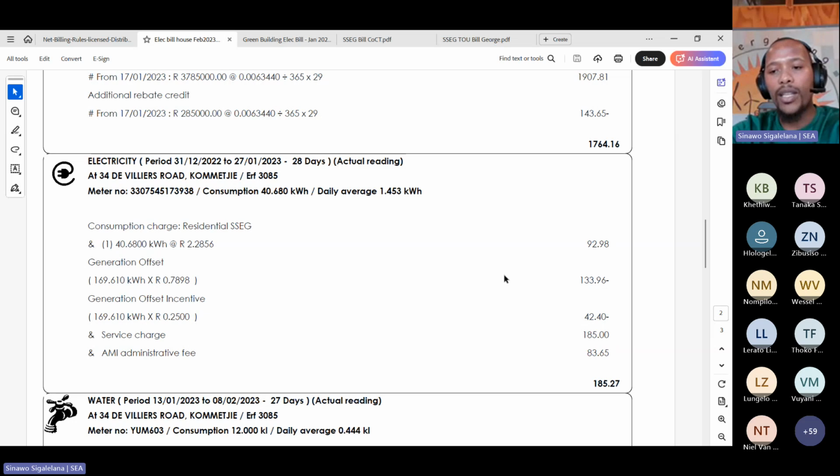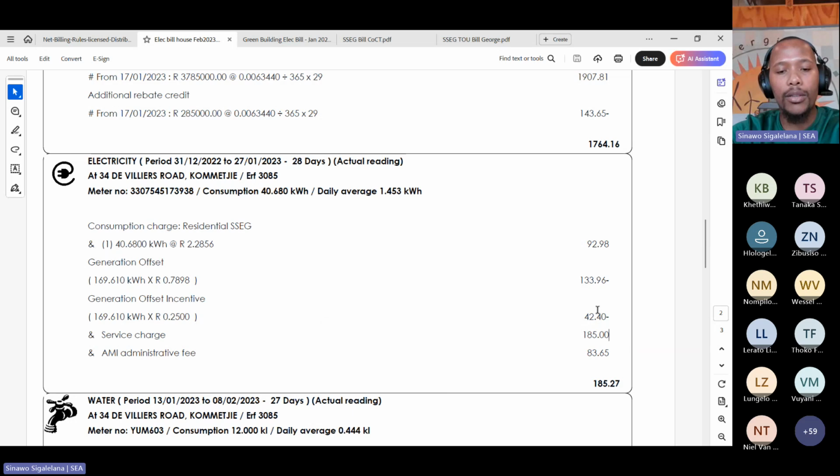You see, the generation offset is more than the consumption. The rules at this point are saying, if it was according to the rules, it wouldn't be more than 92.98. It would stop at 92.98 and anything extra would move to the next month, right? But here it's saying, no, it's fine. And it compares to the entire bill, not just the energy charge, but the entire bill.